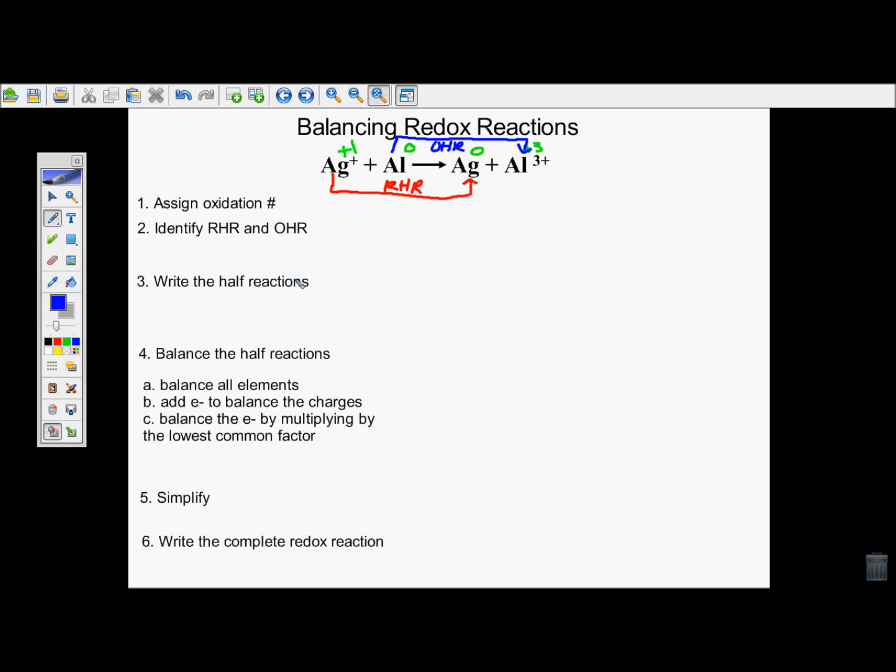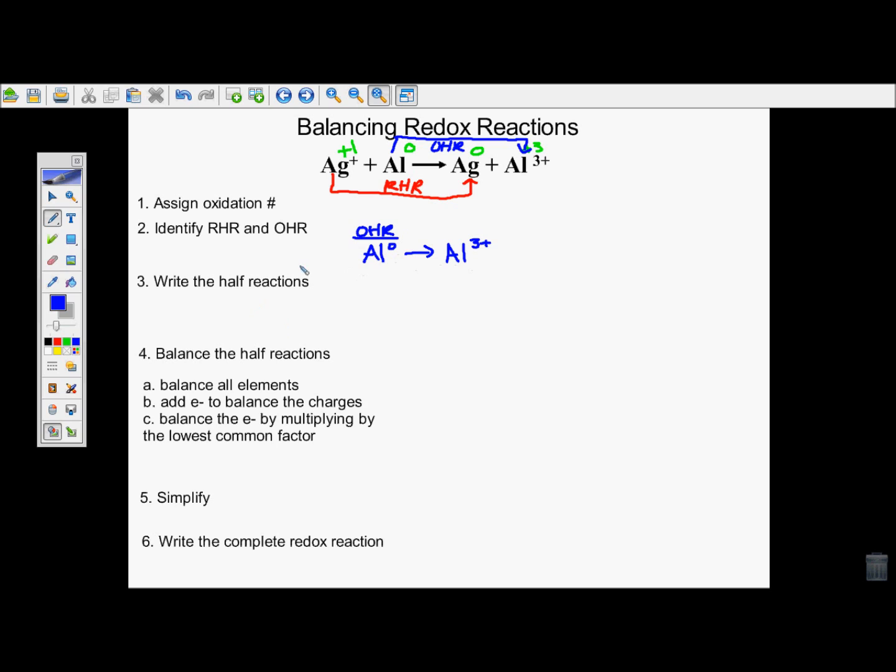Step 3 is to write these half reactions. It doesn't matter which one you write first. We're going to start with our oxidation half reaction. So our OHR starts with pure aluminum with an oxidation number of 0 and ends up with an aluminum ion.